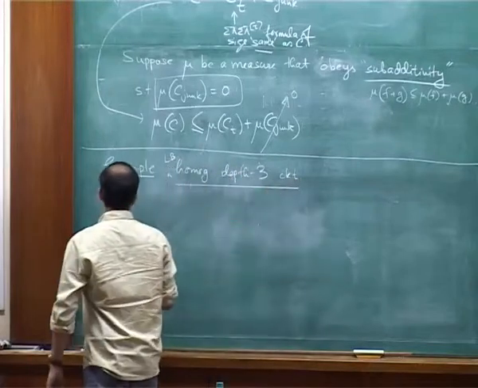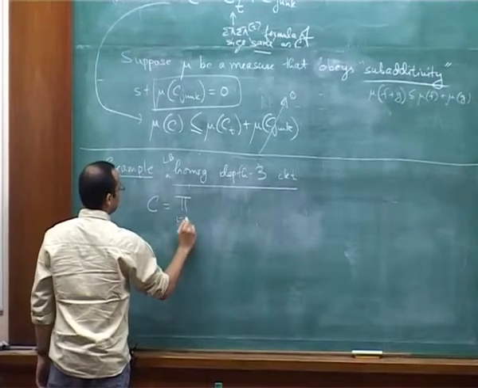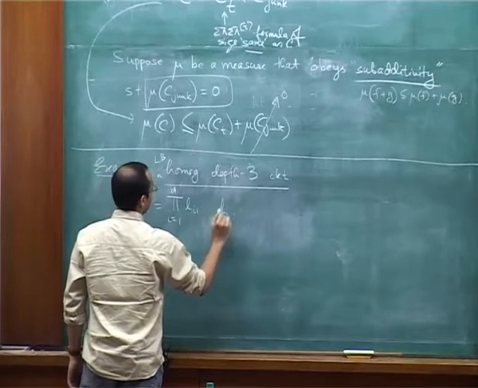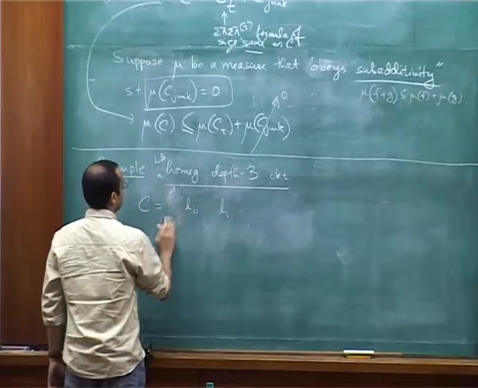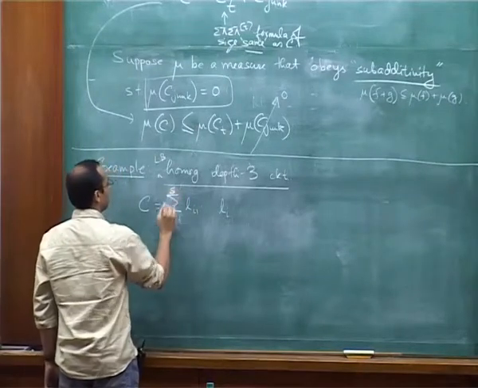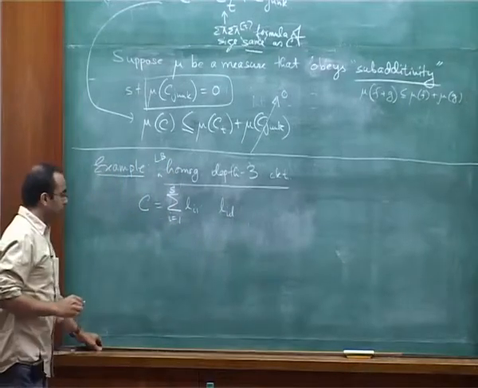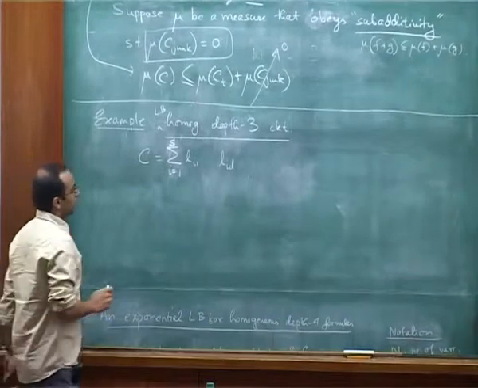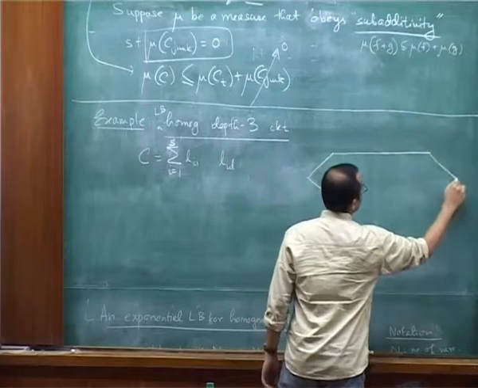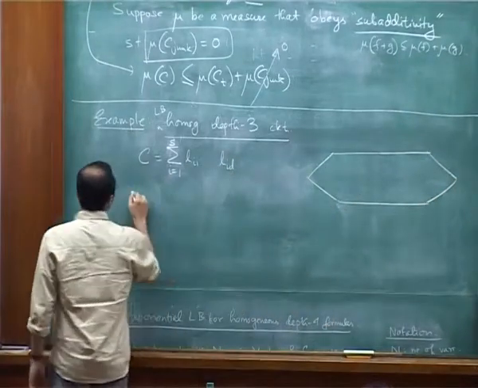So I'll just quickly refresh what they said: if C is a homogeneous depth-3 circuit, it's basically a sum of products of linear forms, like these. I'm just refreshing the proof done by Srikant here. So suppose you want to define a measure.